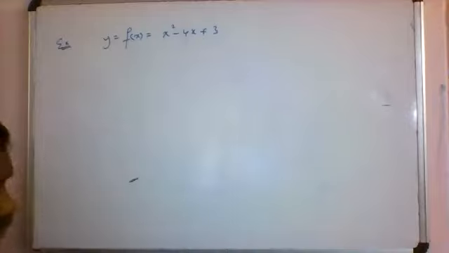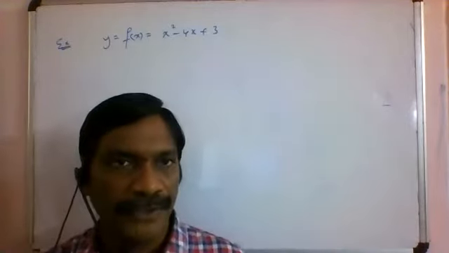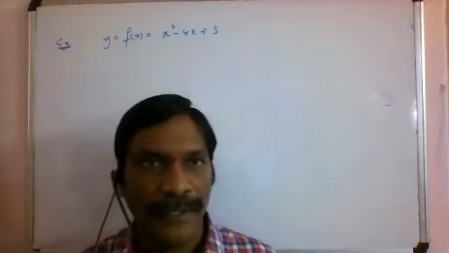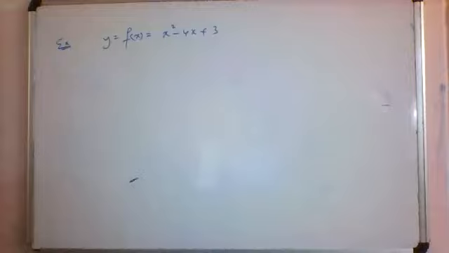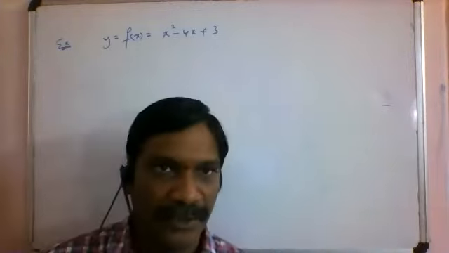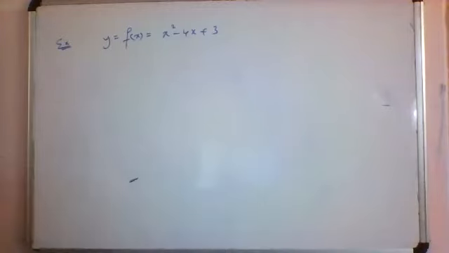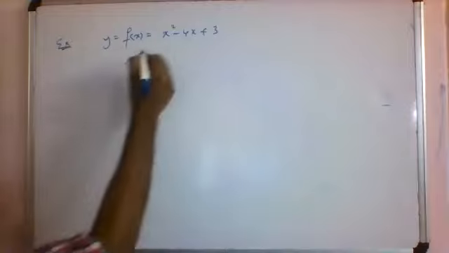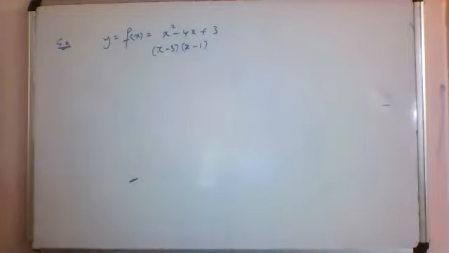Whenever I want to draw a parabola or a quadratic, I use this. In almost all examples I use this, because directly we can take integers in order to make you understand well. Factors are directly integers. You can write x minus 3 into x minus 1 if you factorize.